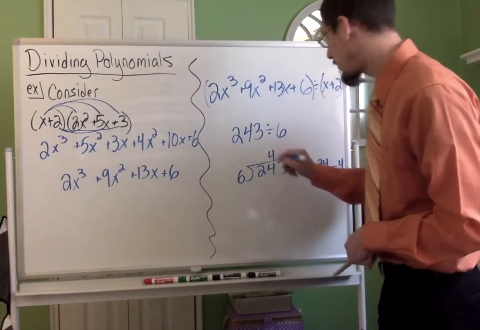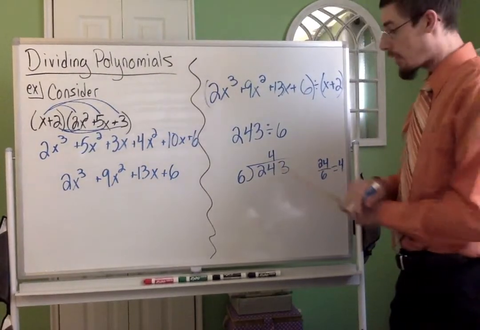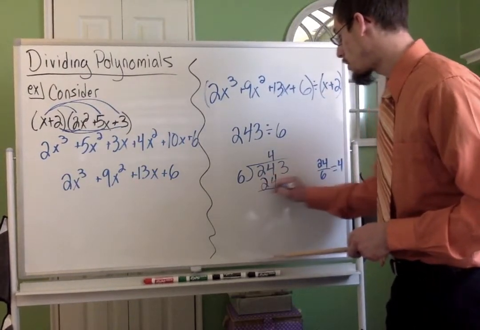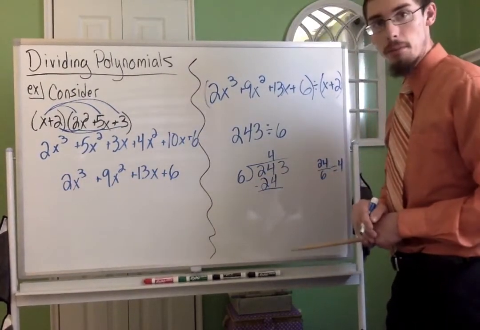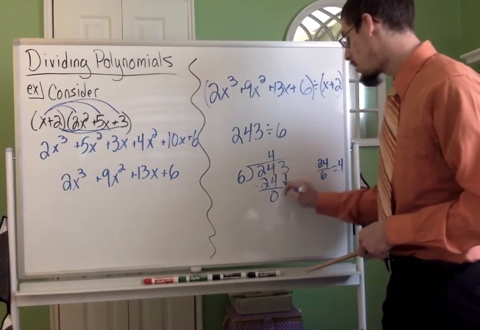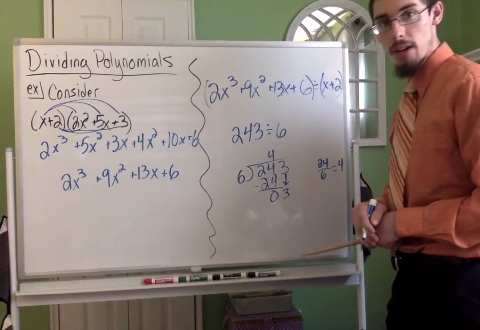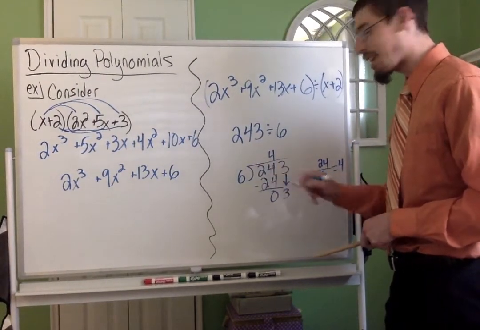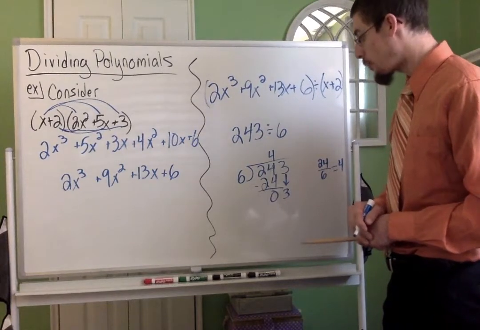So put a 4 up here. And then do 6 times 4, which is 24. Subtract them. Cross out, you get 0. Bring down the 3. Now, does 6 go into 3?